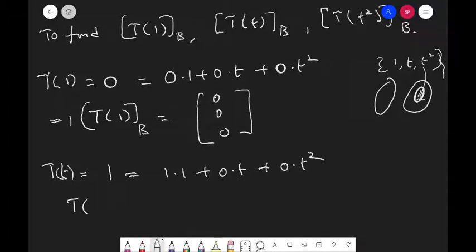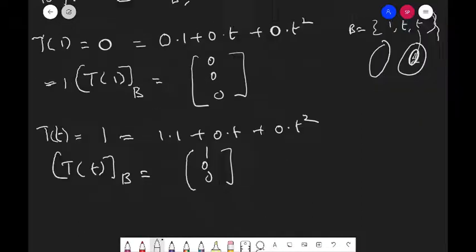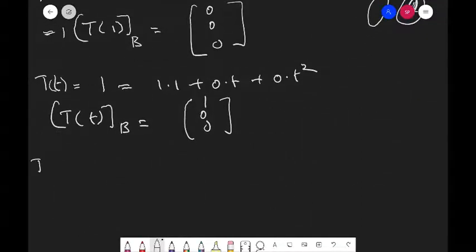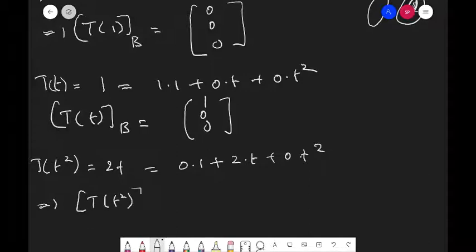So the coordinate vector of T of t with respect to 1, t, t square, this is B, will be 1, 0, 0. And similarly T of t square is 2t, which I will write as 0 into 1 plus 2 into t plus 0 into t square. So the coordinate vector of T of t square with respect to the basis B will be 0, 2, 0.